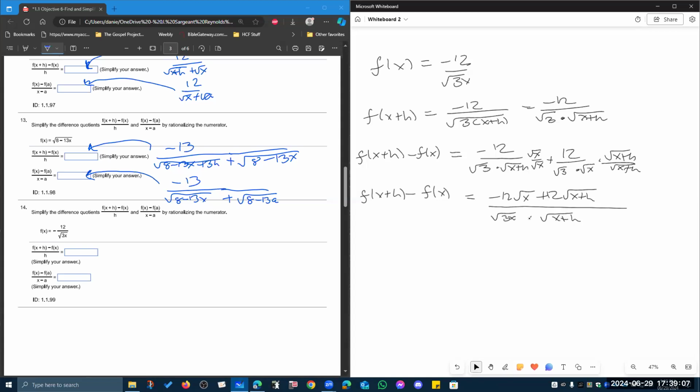And I still don't have everything I need. I need to factor out that negative 12 times root x minus root x plus h.